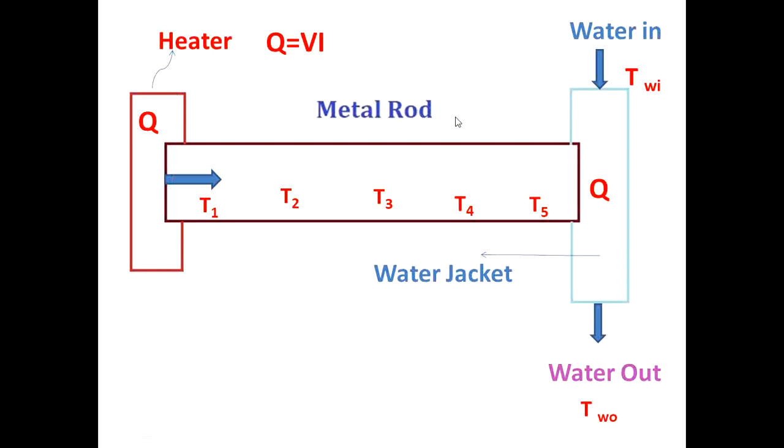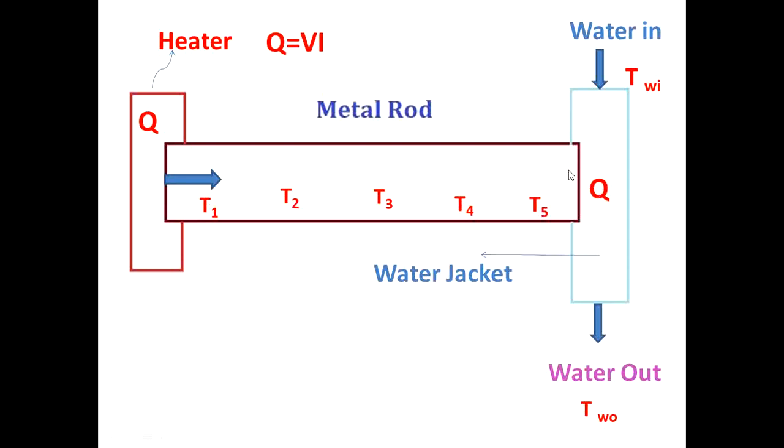This is the experiment schematic sketch. The heater is heating the metal rod, so heat is transferring from one point to another, where the temperature changes from T1, T2, T3, T4, T5.